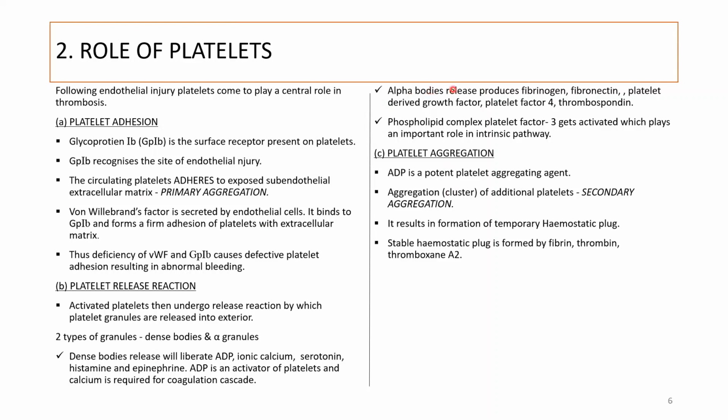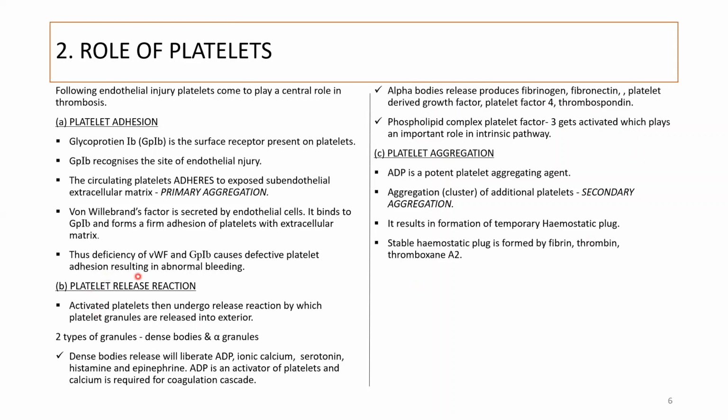Alpha granules release fibrinogen, fibronectin, platelet-derived growth factor, platelet factor 4, and thrombospondin, which are all required for the fibrin meshwork formation. And then there is the phospholipid complex, platelet factor 3. It plays an important role in the intrinsic pathway.